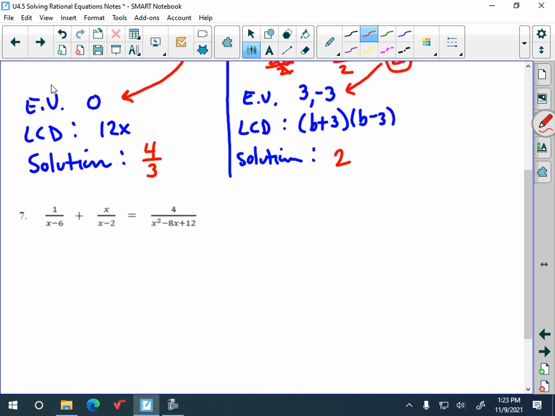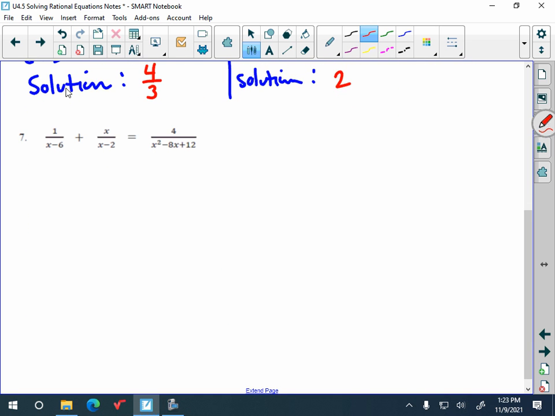All right, last one. All right, what would the excluded values be? Okay, 6 and 2.